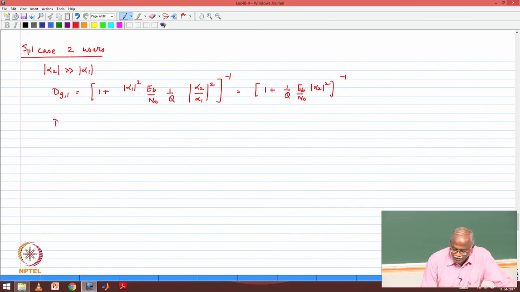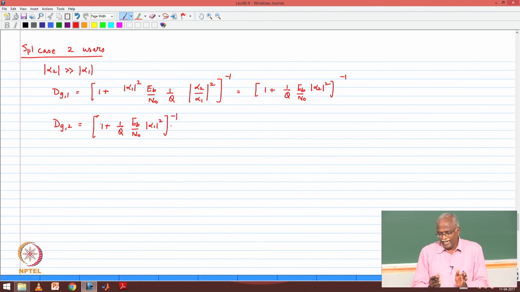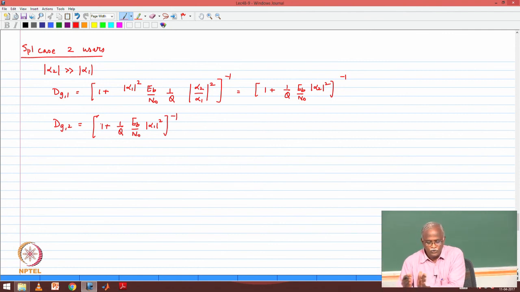So you can write down the degradation of SINR 2 as (1 + 1/q · EB/N0 · |α1|²) inverse. And now, if you extend this to more than 2 users also, the trend will follow.